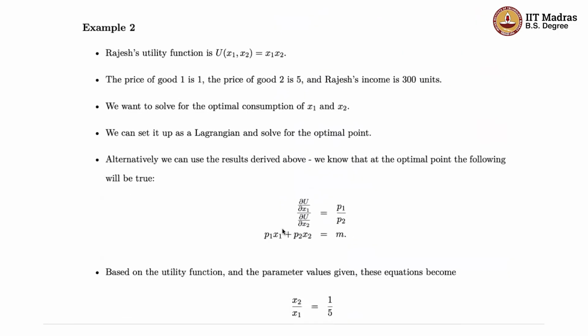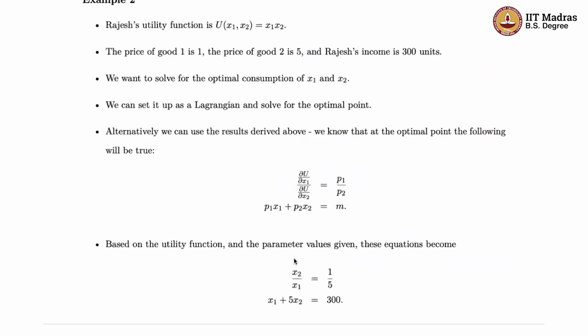If you now plug it in, remember del u del x1 for this utility function is going to be x2, and del u del x2 for this utility function is going to be x1. So this first equation just becomes x2 by x1 is equal to P1 by P2, and you are given the value of P1 is 1 and the value of P2 is equal to 5. So therefore you get that x2 by x1 is equal to 1 by 5. And from the second equation, if you plug in the value of P1, P2 and M, you end up getting that x1 plus 5x2 equal to 300.